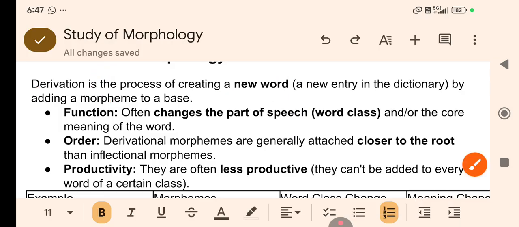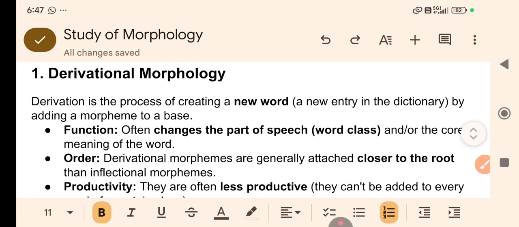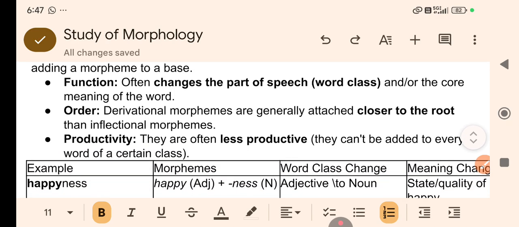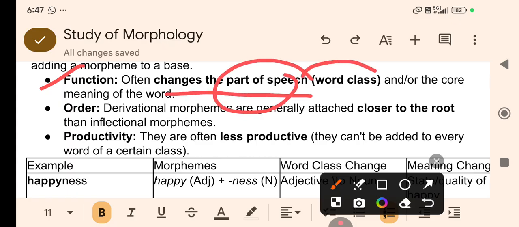How? Its function often changes the part of speech. Derivation means a new word, and when a new word is made, the function changes. It often changes the part of speech or word class and or the core meaning of the word.